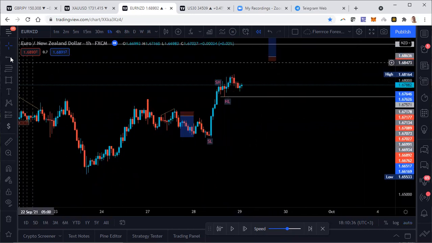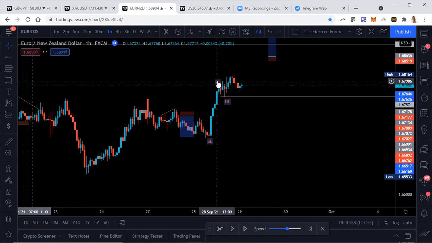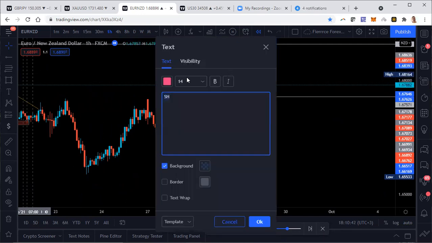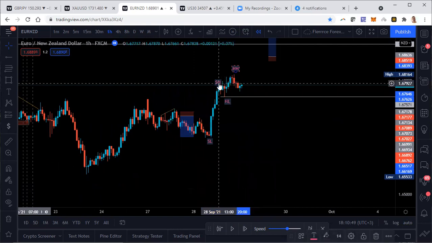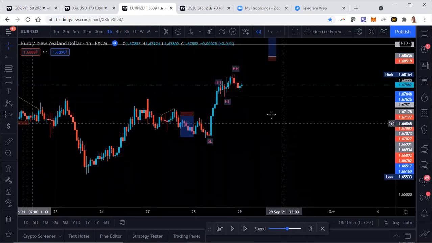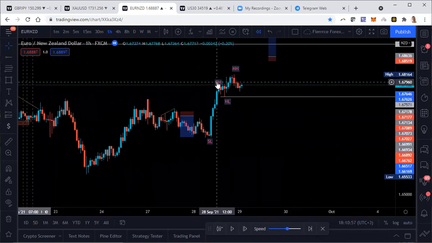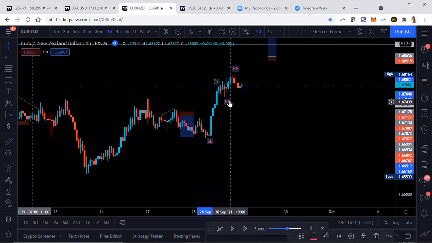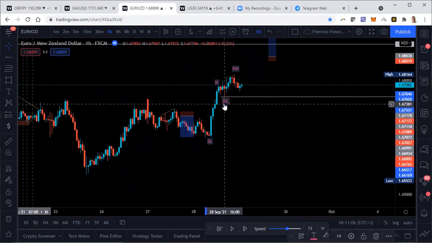So when that happened, we then pushed up again and formed a higher high. So I'll just put that as a higher high. In fact, I'll mark this as a higher high because it's a higher high vis-a-vis the swing low. So swing low to the high, to the high, to the high, and then rejected off and formed a low.